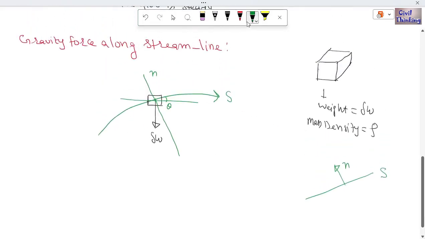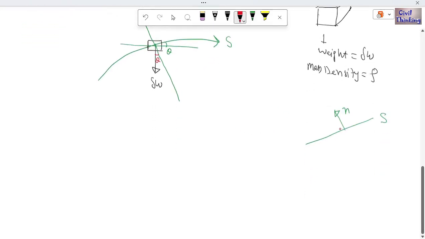Since this is theta, this is also going to be theta. Let me show it here. Let us say this is W, and this is our normal. This is the horizontal line. So if this is theta, then this is also theta.